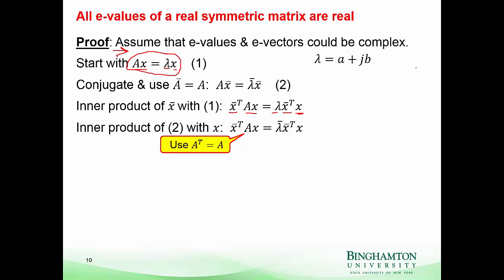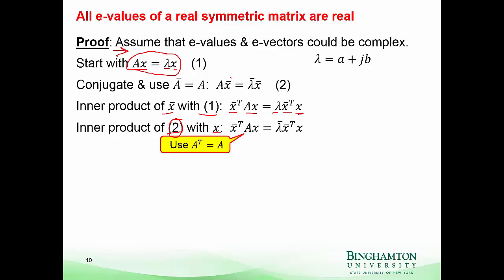Now I'm going to do the inner product of 2 with X. Notice the ordering I said: X conjugate with 1, 2 with X. This just means that the whole equation 2 is coming from the left.